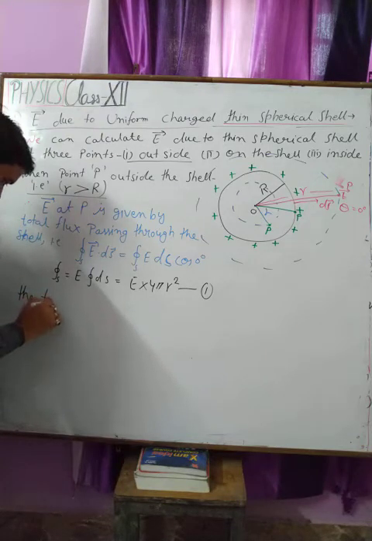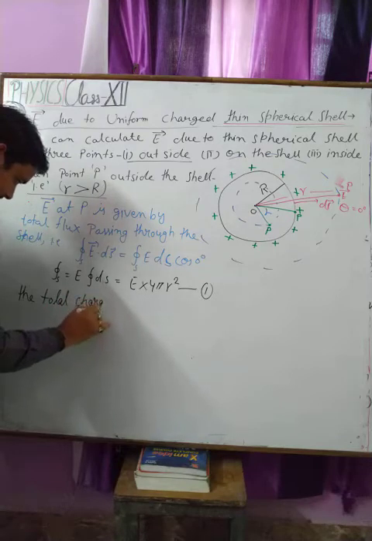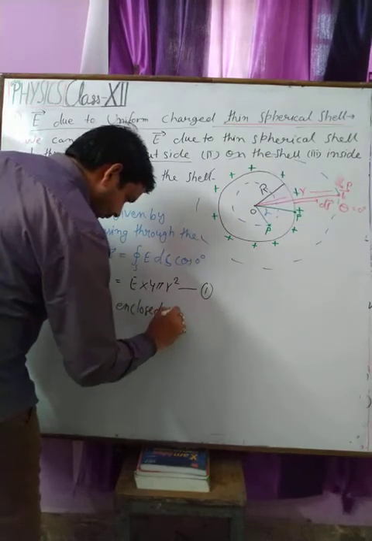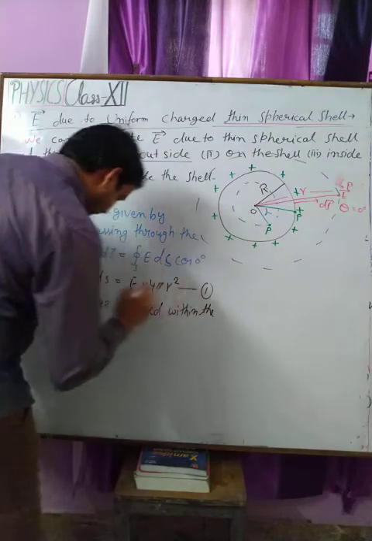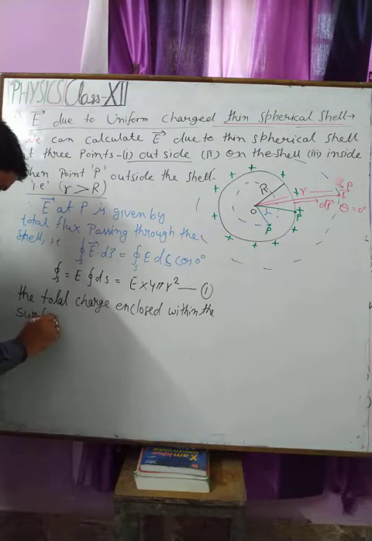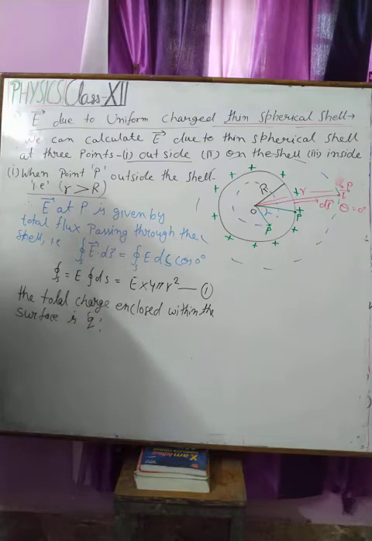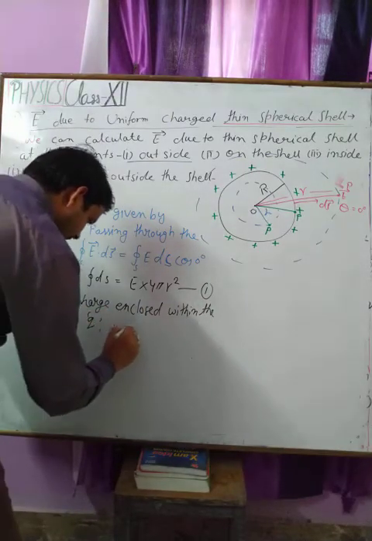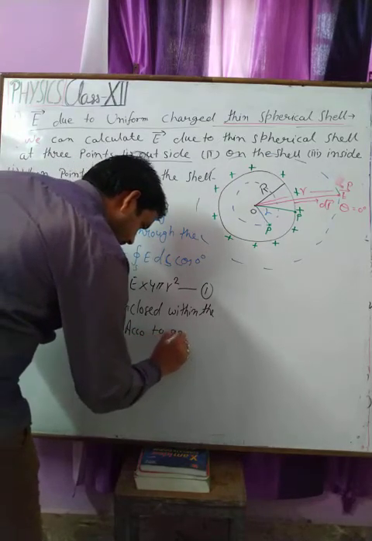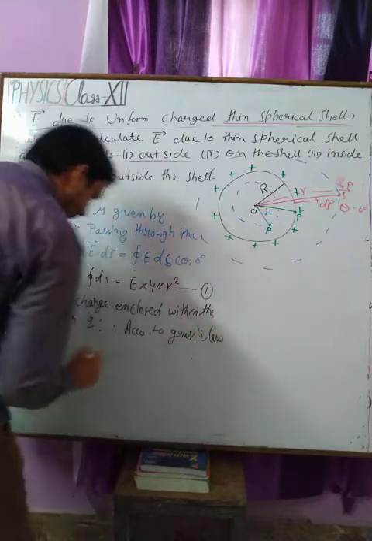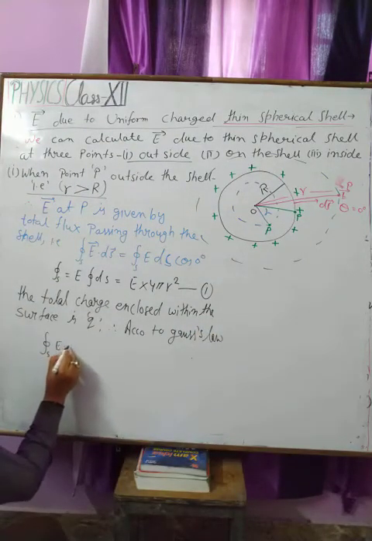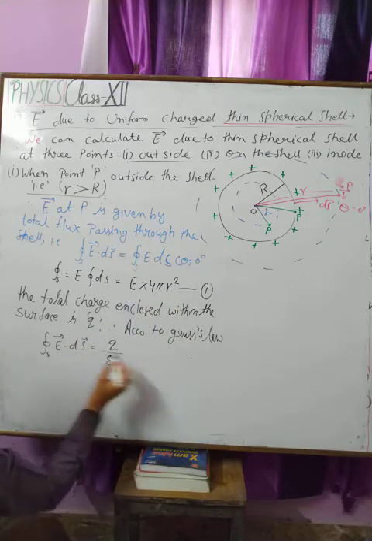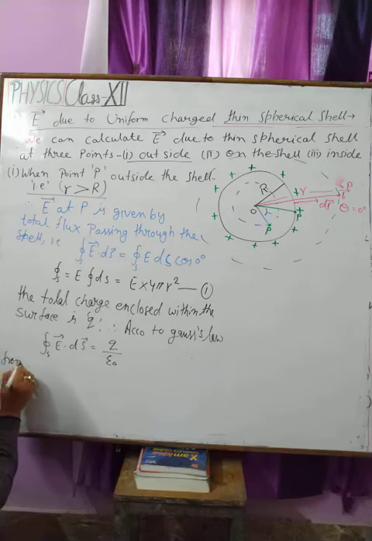The total charge enclosed within the surface is Q. Therefore, according to Gauss's law, the electric flux, E dot dS, is equal to Q upon epsilon naught, and we have the value of the electric flux from equation first.